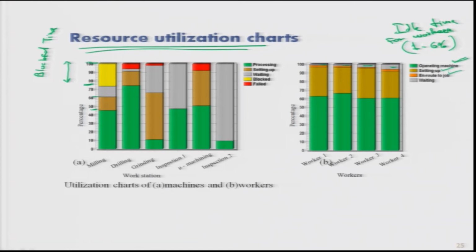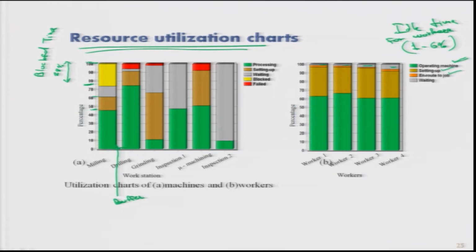So, it is evident that the milling machine is blocked here. Specifically, it was blocked for 28 percent of the time due to the larger processing time of the immediate successor. This drilling time was higher than the milling time. This can also be reduced by inducing a buffer over here. If we induce a buffer here, this could help.